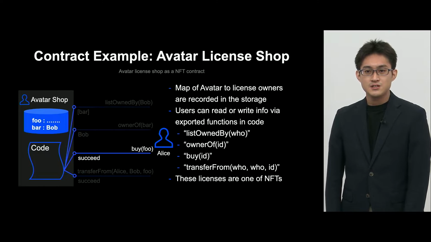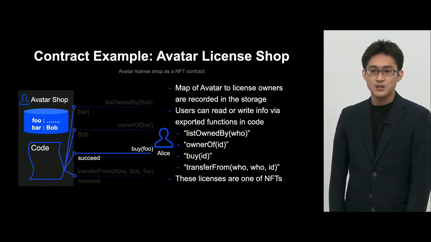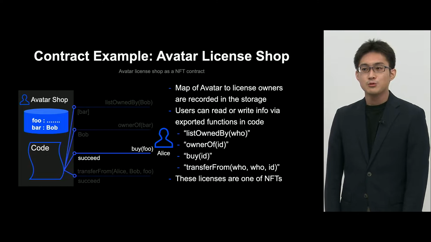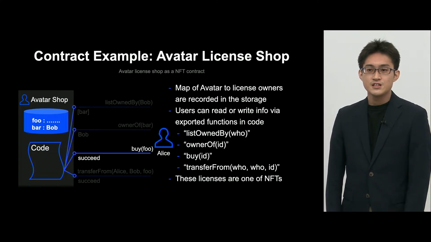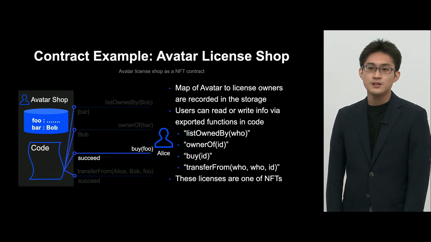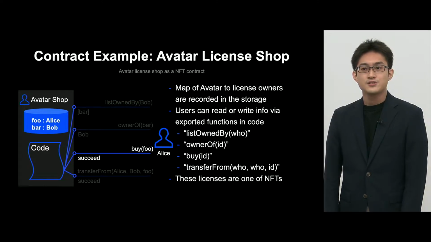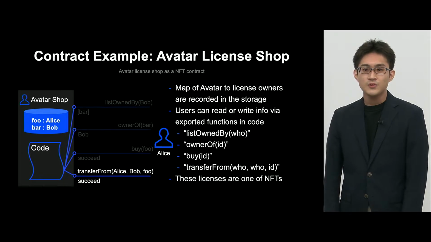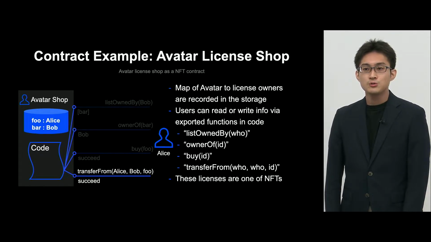Let's think about other functions necessary for the license shop. For setting the license, for example, a logic called buy: only when there is a money transfer, the caller will become the license owner. So you can give such a condition. When Foo is on sale, and Alice calls buy with the money transfer, the owner of Foo will be Alice.